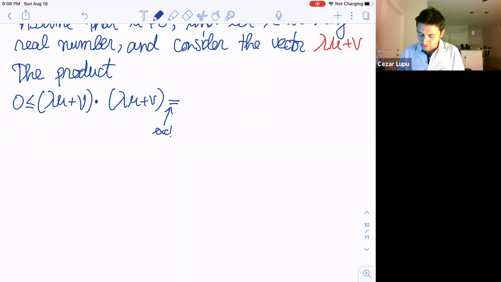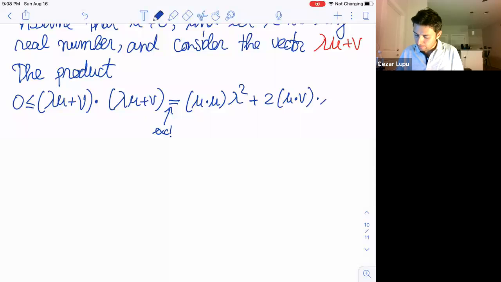After some computations, this will give us u dot u lambda squared plus 2 u dot v times lambda, plus v dot v.